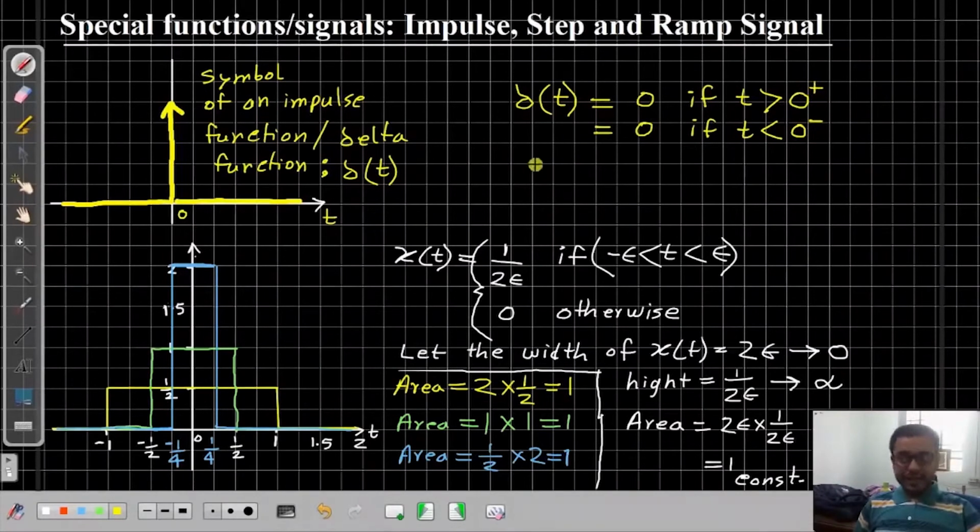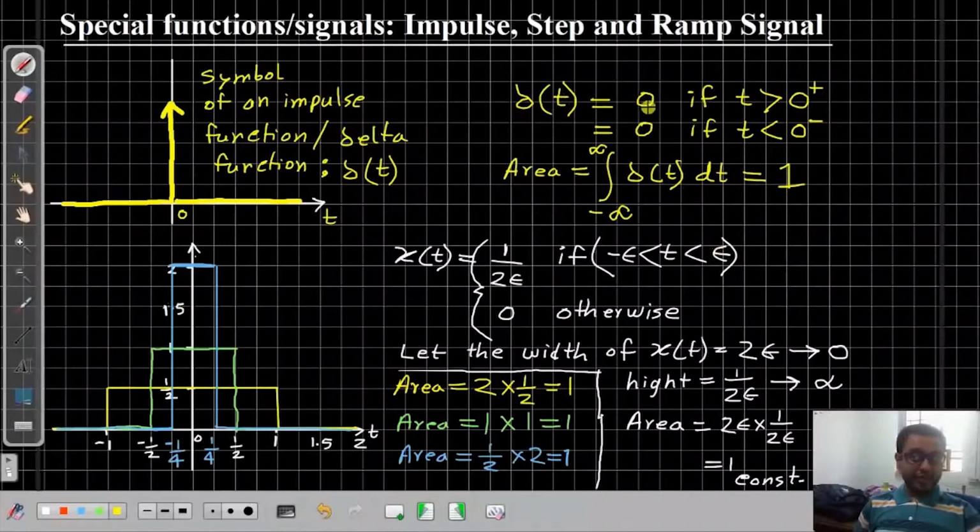The value of the signal will be very high between 0 minus and 0 plus. However, the area under the curve, which is the integration of the signal delta t multiplied by dt from minus infinity to plus infinity, gives the area under a curve. This is equal to 1.